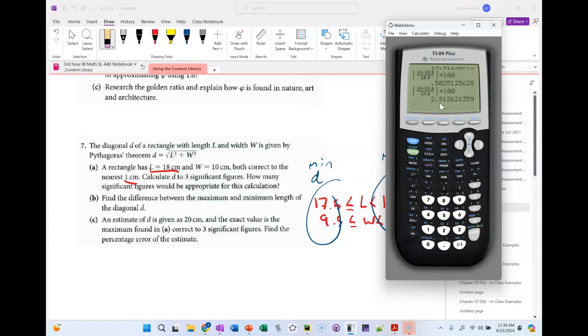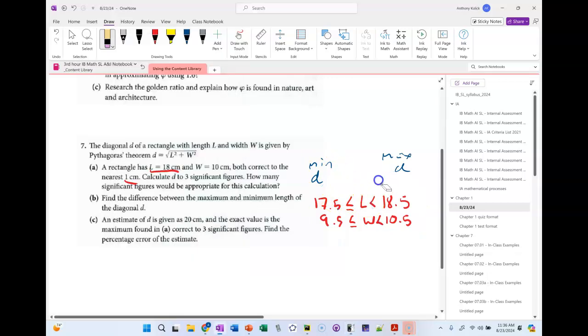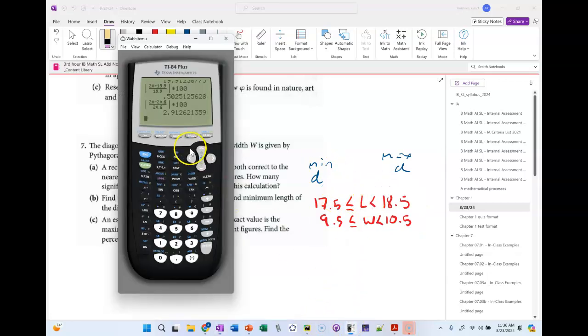So would you find the difference between the maximum... I think the way we did that is the way you should do that. So what I did was I wrote the bounds on each measurement, and then I calculated D using each measurement.